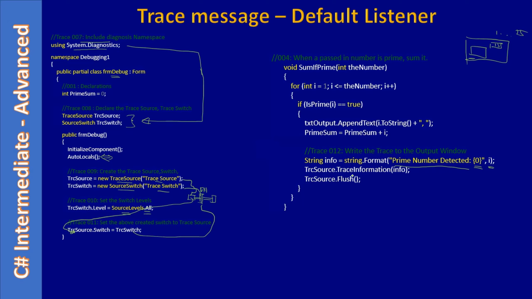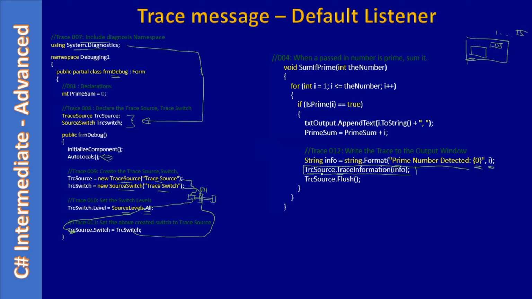And if you see here, we are making a call to trace information. So in the sense, our application is making use of the trace source which is created here in this form itself. Usually it will be created at an application level or global level, so that the trace source will be available to all forms.